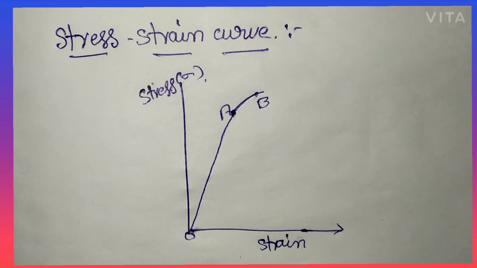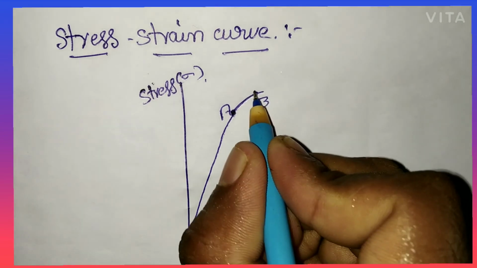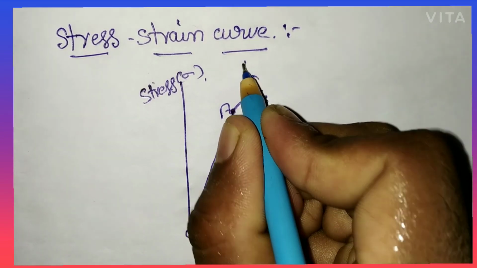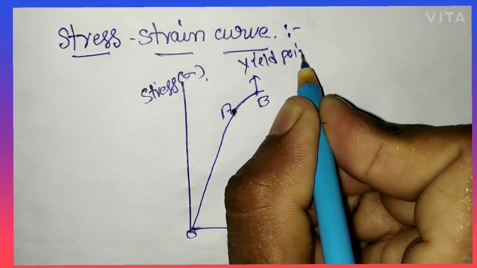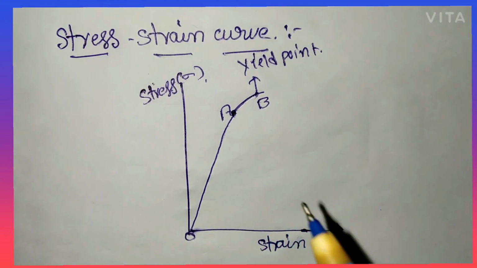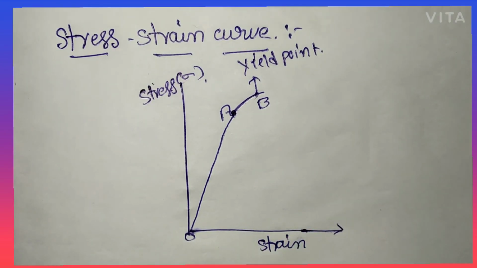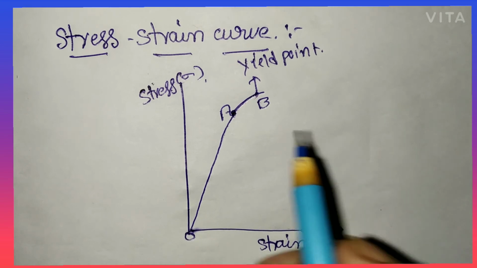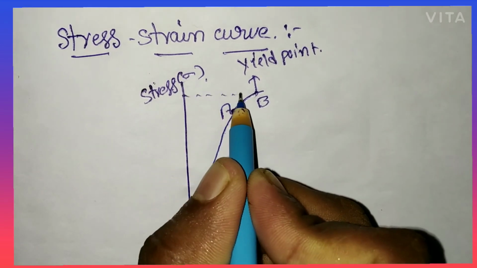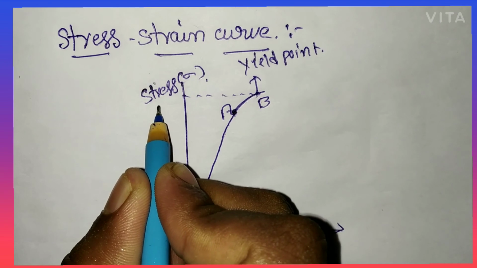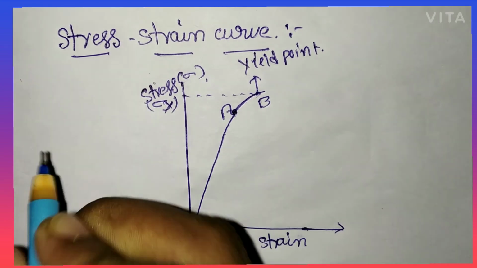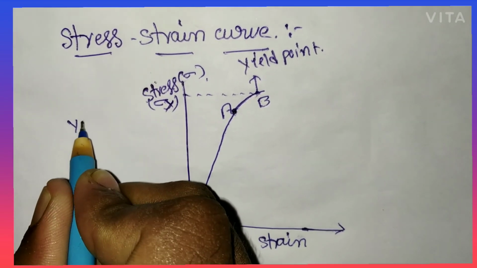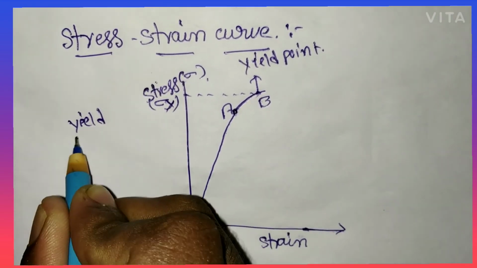The point B in the curve is known as the yield point, also known as the elastic limit. The corresponding stress is known as yield strength.